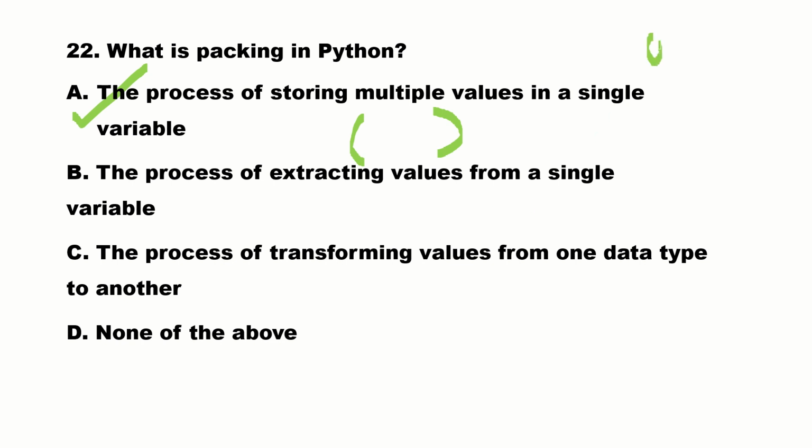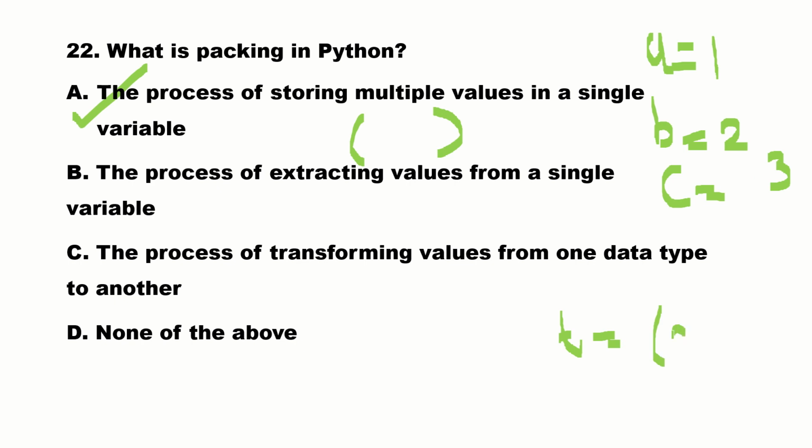Suppose A is equal to 1, B is equal to 2 and C is equal to 3, and you create one tuple T is equal to A, B, C. Here 1, 2 and 3 are packed into a single tuple T. This is known as packing, the process of storing multiple values in a single variable.